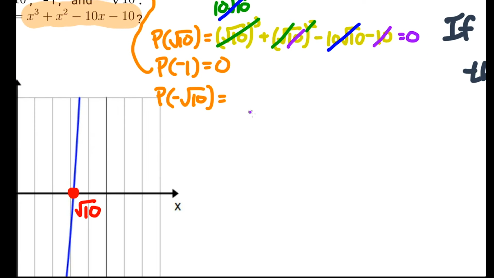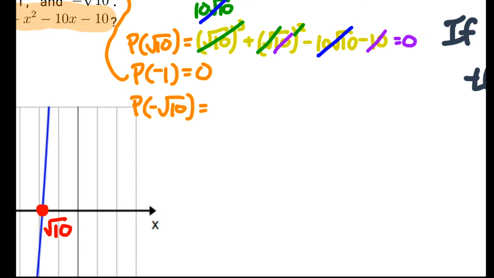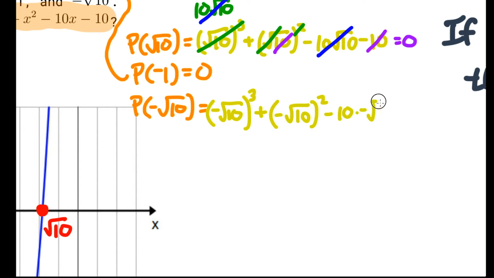Let's do p of negative square root of 10. You're going to end up with negative square root of 10 cubed plus negative square root of 10 squared minus 10 times negative root 10 minus 10. All right, let's do some simplifying here.